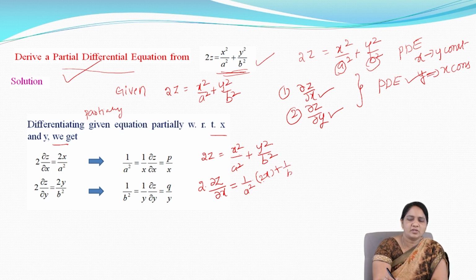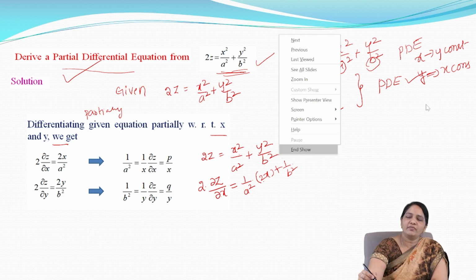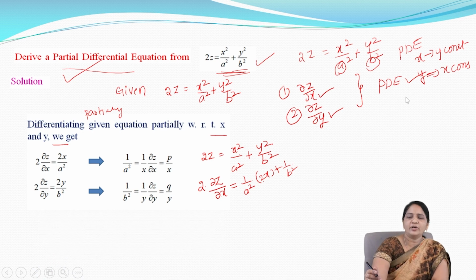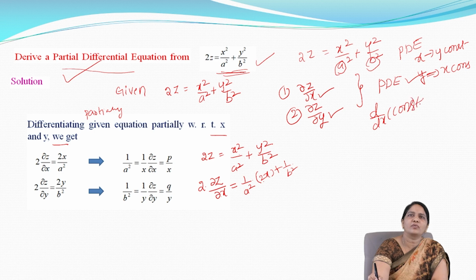Here 1 by b square is constant and y square is also constant. According to the differentiation formulas, d by dx of a constant equals 0. So here I will get 0.